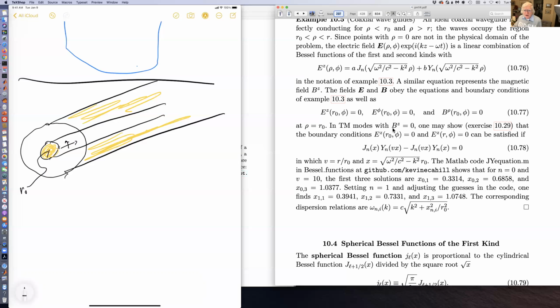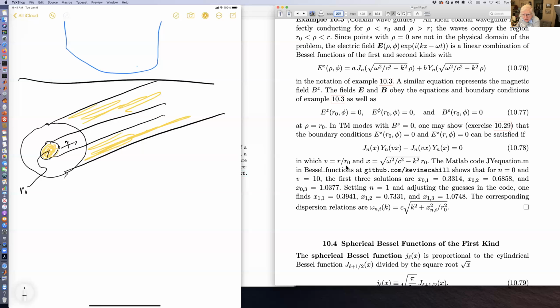If we're talking about TM modes, which have B_z, the transverse magnetic modes, which have the magnetic field only transverse to the direction of the cable, then the boundary conditions at R0 and at R can be satisfied. So we've got two boundary conditions there, and they can be satisfied if we pick this linear combination to vanish.